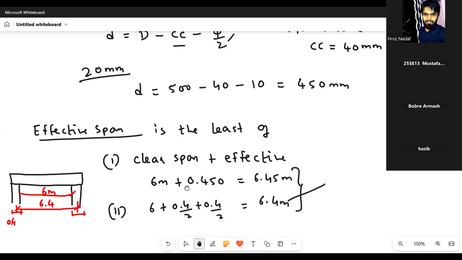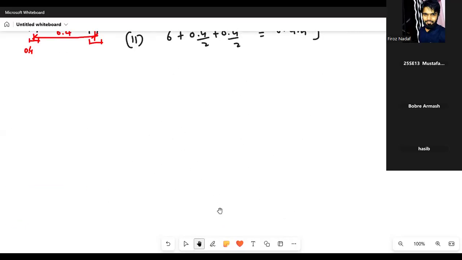Now we'll see the cross section of the bridge, the cross section of the deck. The bridge slab is also called the deck, deck of the bridge. We will see how the cross section is drawn.